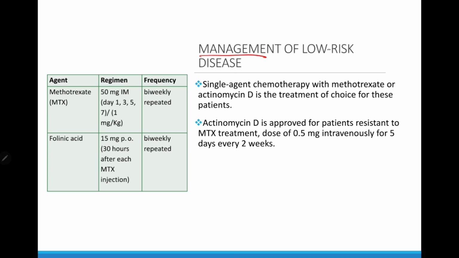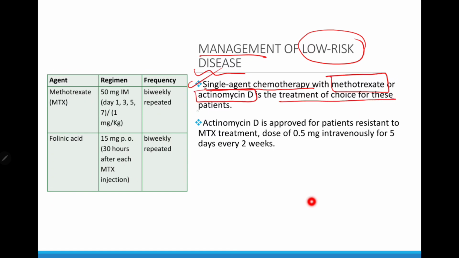Now, management of low risk disease. Coming to the management of a low risk disease, a single agent chemotherapy with either methotrexate or actinomycin D is the treatment of choice for these patients. So how am I going to manage low risk?